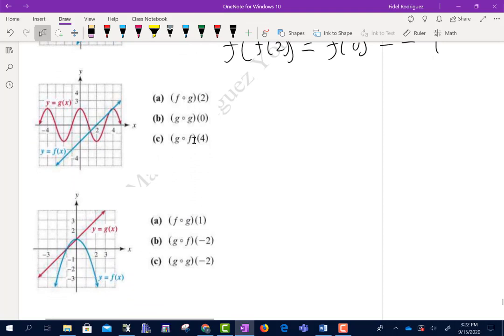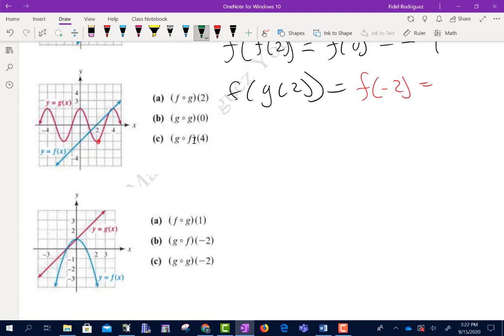All right. Let's try this next one here. So we're going to find f of g of 2. Okay, so g, again, is my red function. So at 2, it looks like the y value is negative 2. So negative 2, negative 1, negative 2. The y value here happens to be negative 4, right?